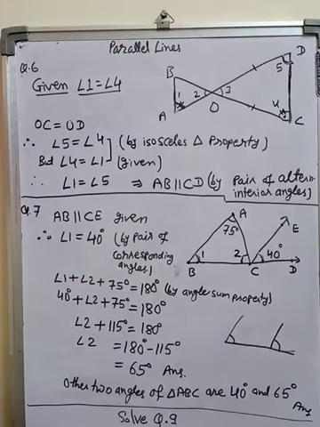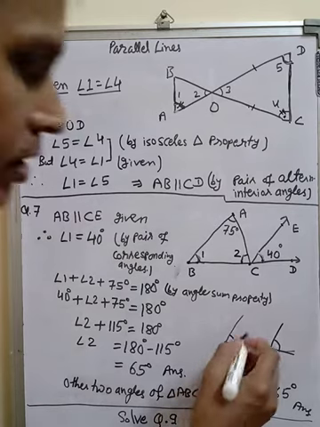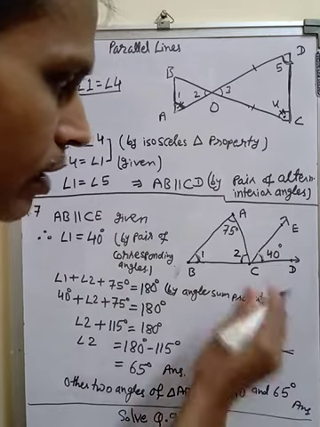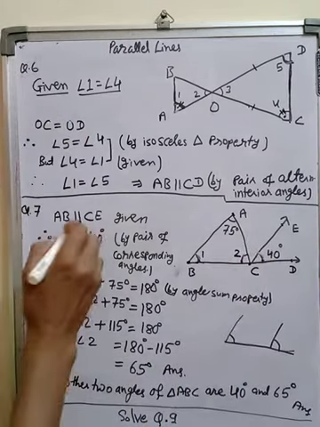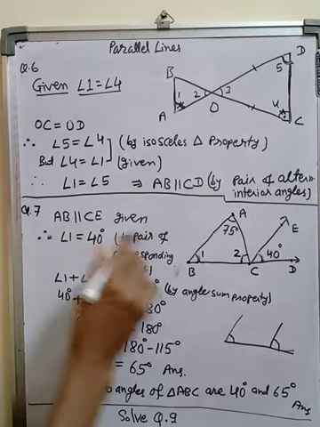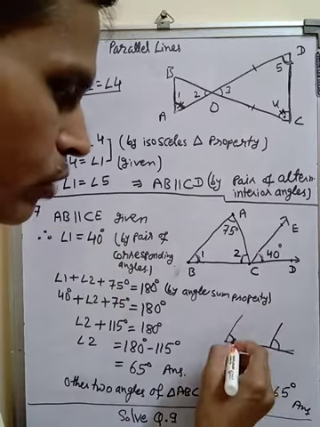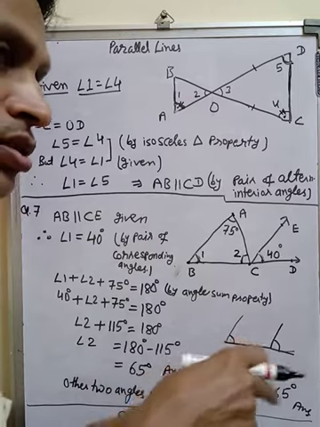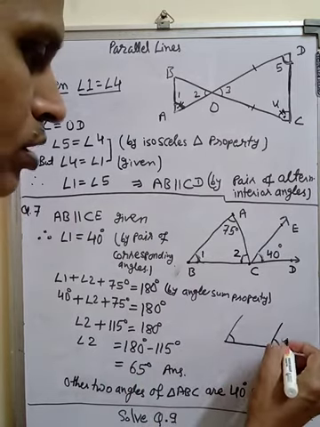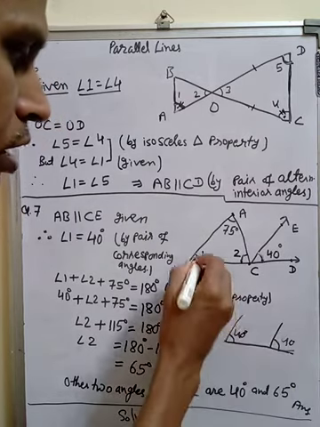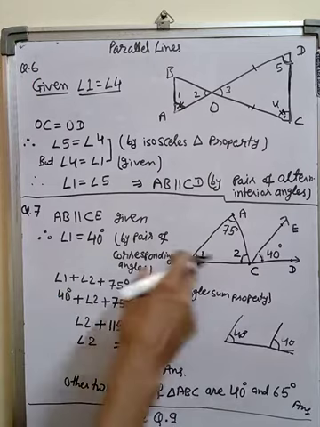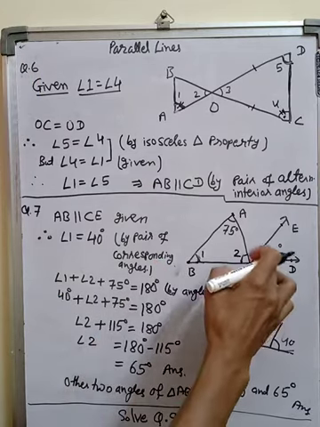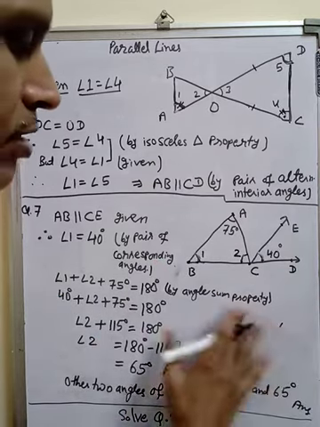This is a pair of corresponding angles, and if AB and EC are parallel, as I have written here, then these two angles will be the same because this is the property. This is 40 degrees, so this will also be 40 degrees. Therefore angle 1 is equal to 40 degrees by the pair of corresponding angles.